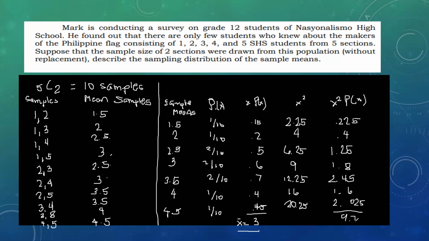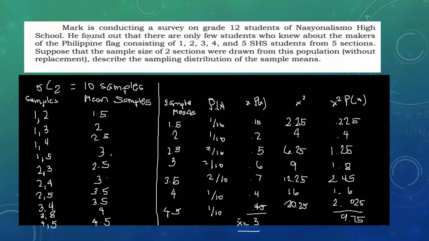Double check lang natin. Okay. So that's 0.225 plus 0.4 plus 1.25 plus 1.8 plus 2.45 plus 1.6 plus 2.025. That's 9.75. Okay. So, nakuha natin itong 9.75.